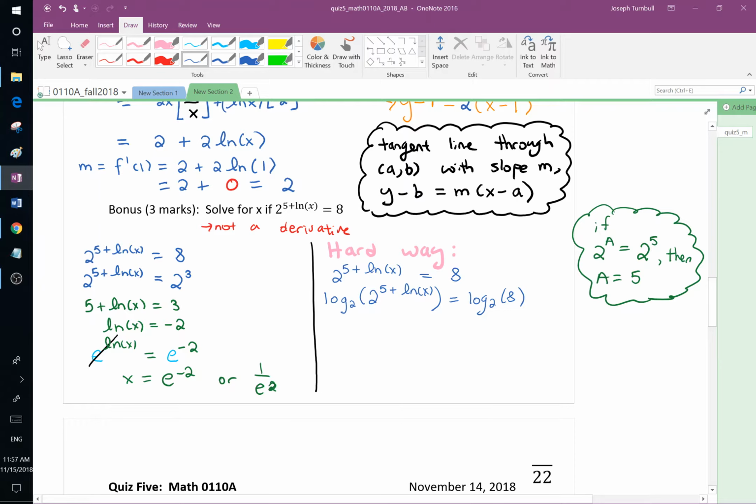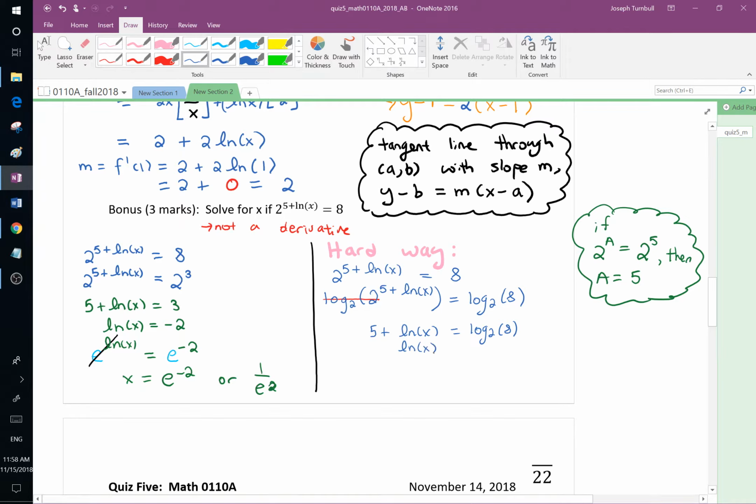And then on the left-hand side, we can use a cancellation law. Log base 2 of 2 to the power cancels. And we're left with 5 plus the ln of x equals log base 2 of 8. Okay, let's keep going. We want to get x all by itself. So the ln of x part's the important thing to isolate.